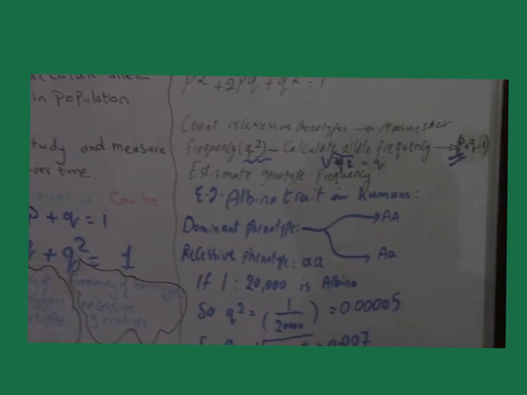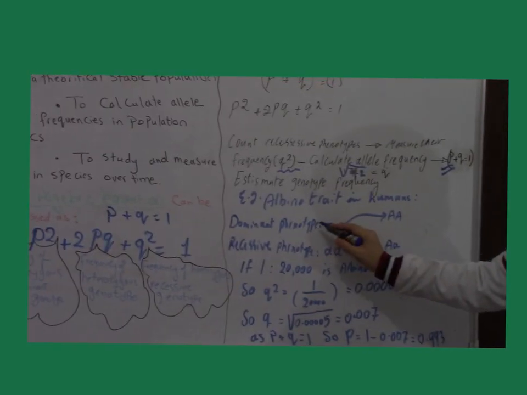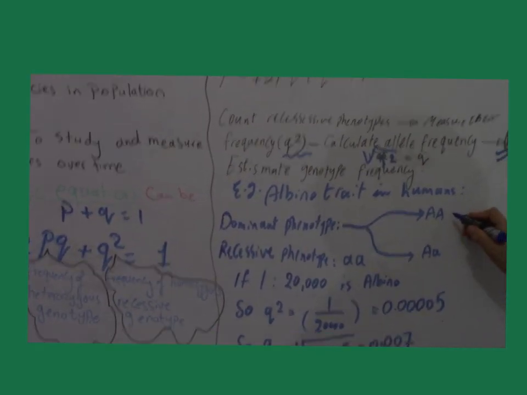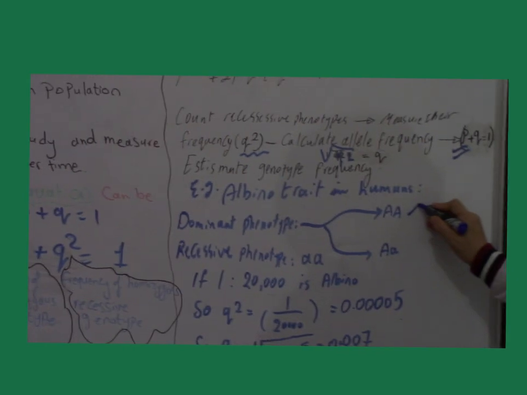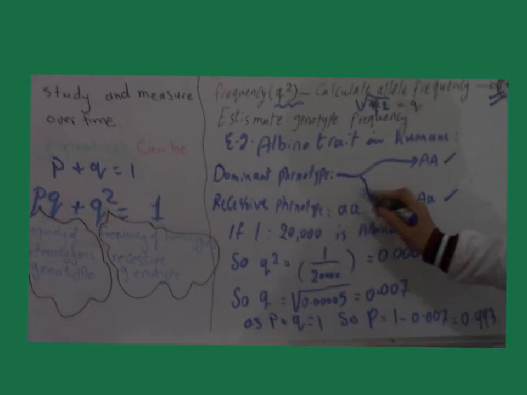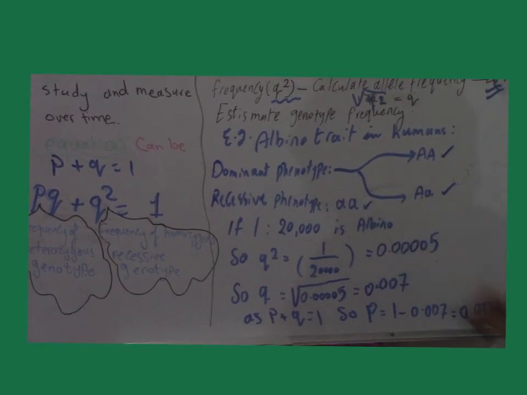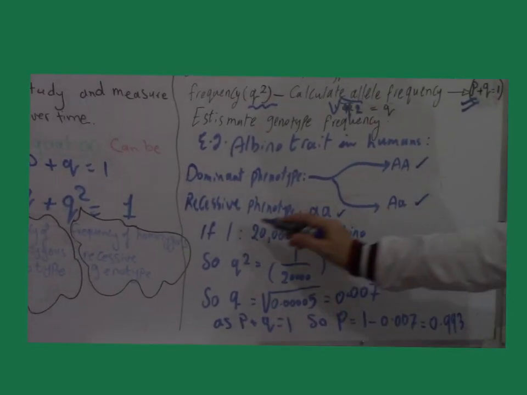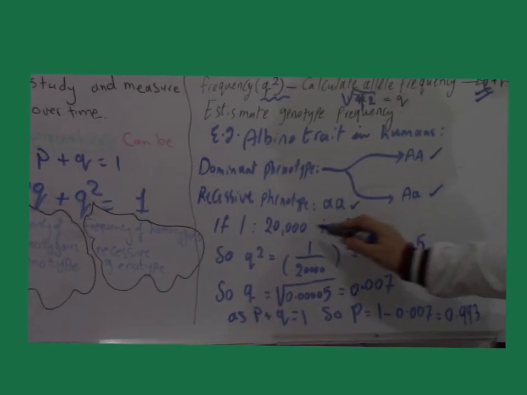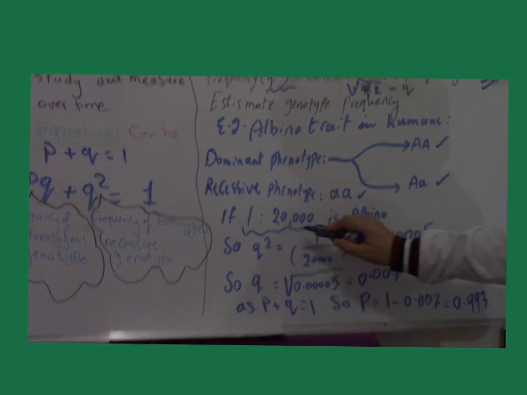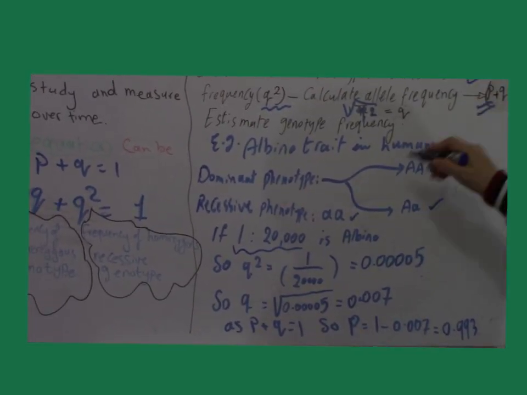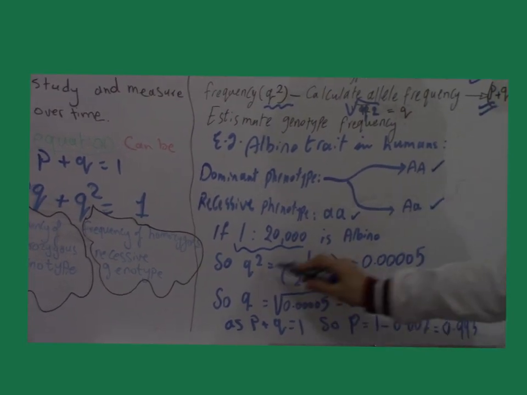Albino trait in humans. The dominant phenotype, which has normal pigmentation, has two possible genotypes, capital A capital A, or capital A small a. The recessive phenotype has only one genotype, small a small a. If 1 in every 20,000 in the population is albino, this value is the genotype frequency, q squared.